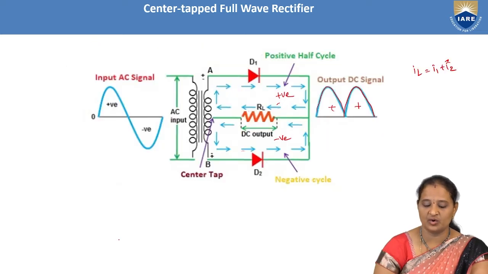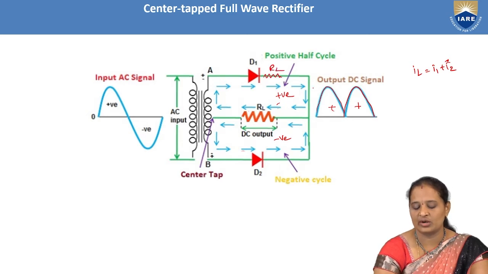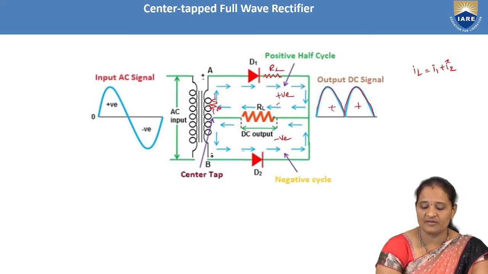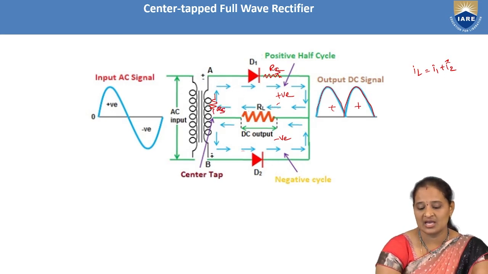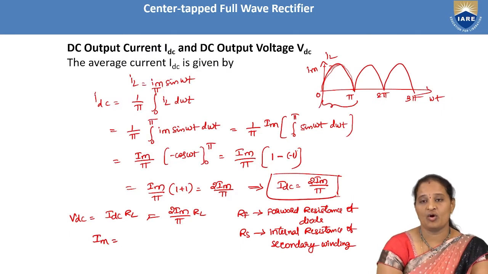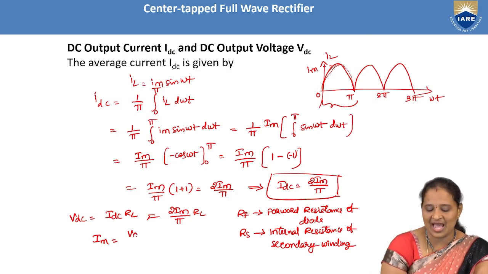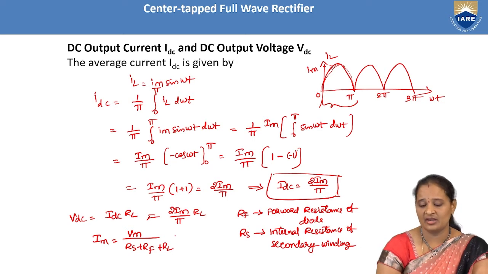If you observe the circuit, the diode resistance under forward bias condition is in series with the load resistor, and the internal resistance of the secondary winding is also connected in series. That means Rs, Rf and RL are all connected in series, and hence the same current flows through all the components, and hence Im can be obtained as Vm by Rs plus Rf plus RL. So this is the maximum current Im.